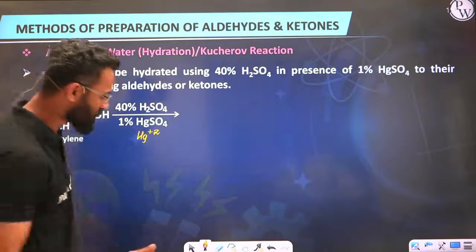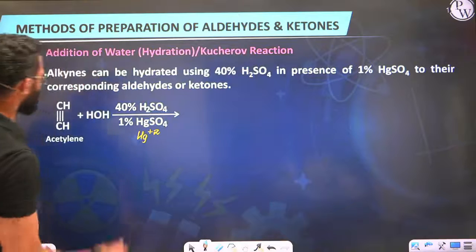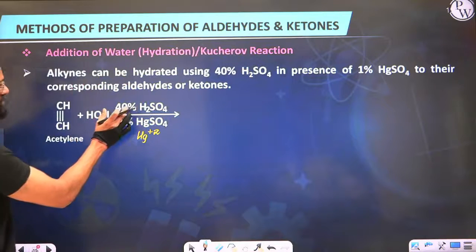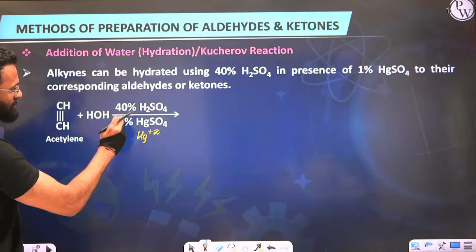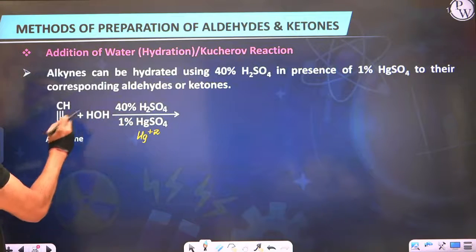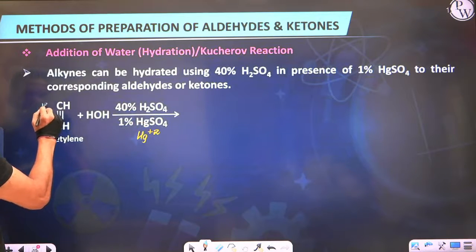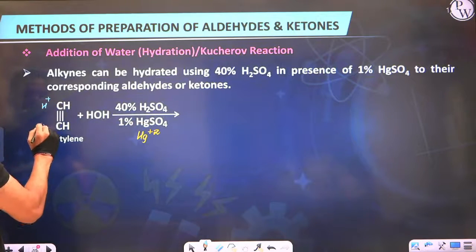But what I want you to understand is, whenever you carry out hydration in presence of 40% H2SO4 catalyzed by 1% HgSO4, in this case the alkyne is symmetrical, so you can add water either way. Let's say I added H plus here and OH minus here.